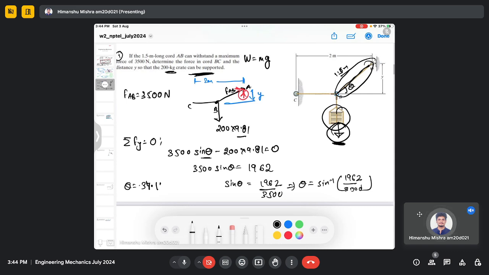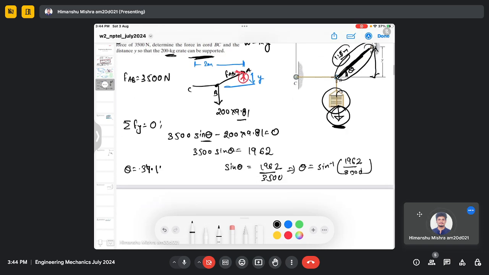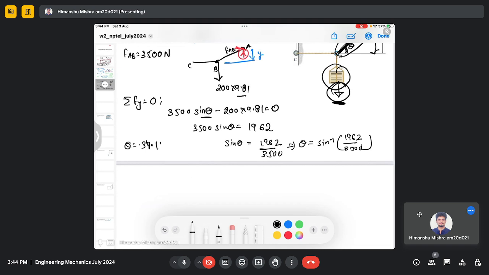So you can see that you actually obtain theta. You already know this length, which is 1.5 meter. Then you can easily find this length y. So y by 1.5 equals sine 34.1, which means y equals 1.5 sine 34.1.